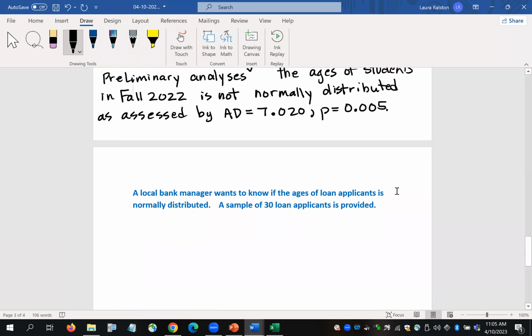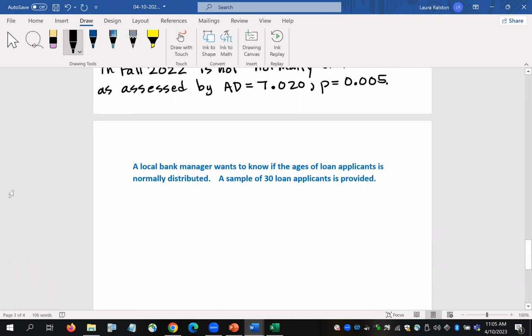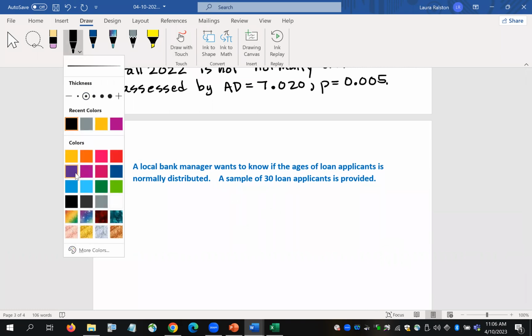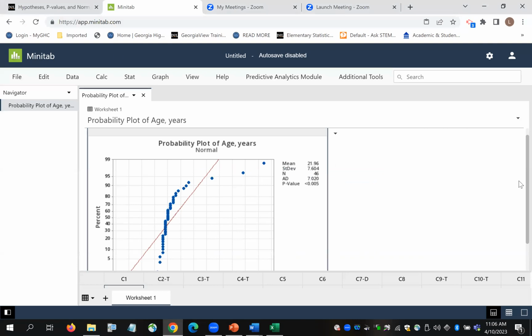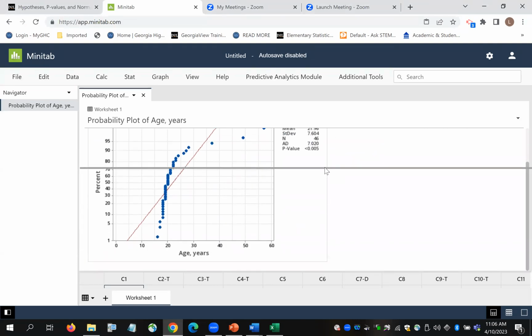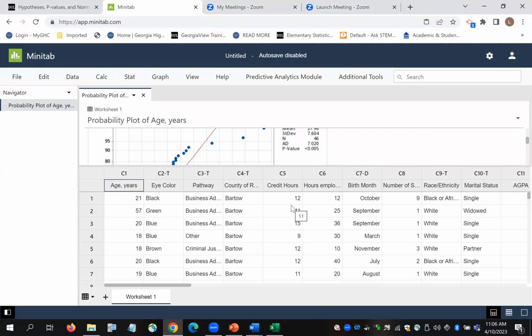All right, so let's look at the second example. The second example says a local bank manager wants to know if the ages of loan applicants is normally distributed. Now, guys, this doesn't always have to deal with ages. It just so happens that the two examples I pulled deal with ages, but it doesn't always have to be about ages. We could talk about are the GPAs normally distributed? Or are the credit hours normally distributed?